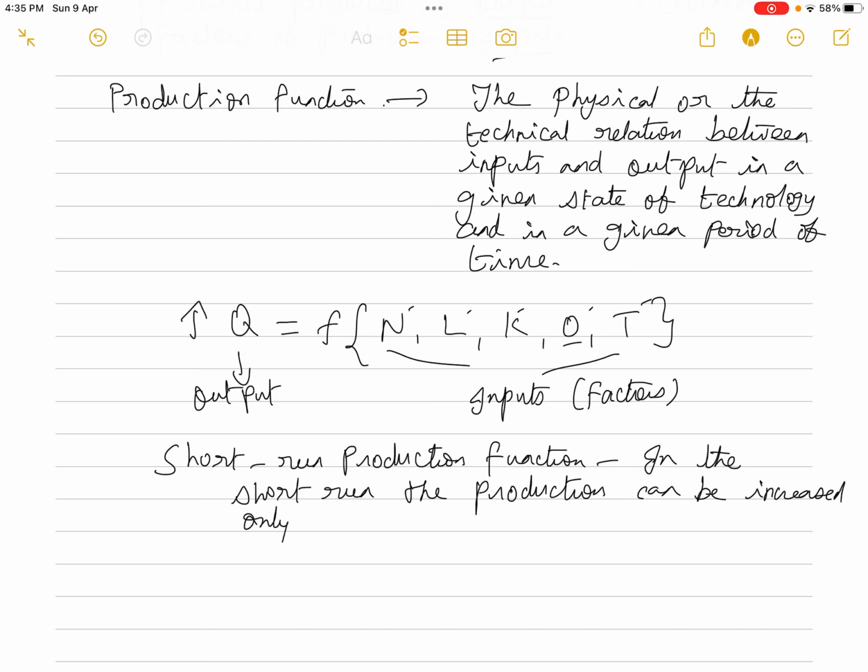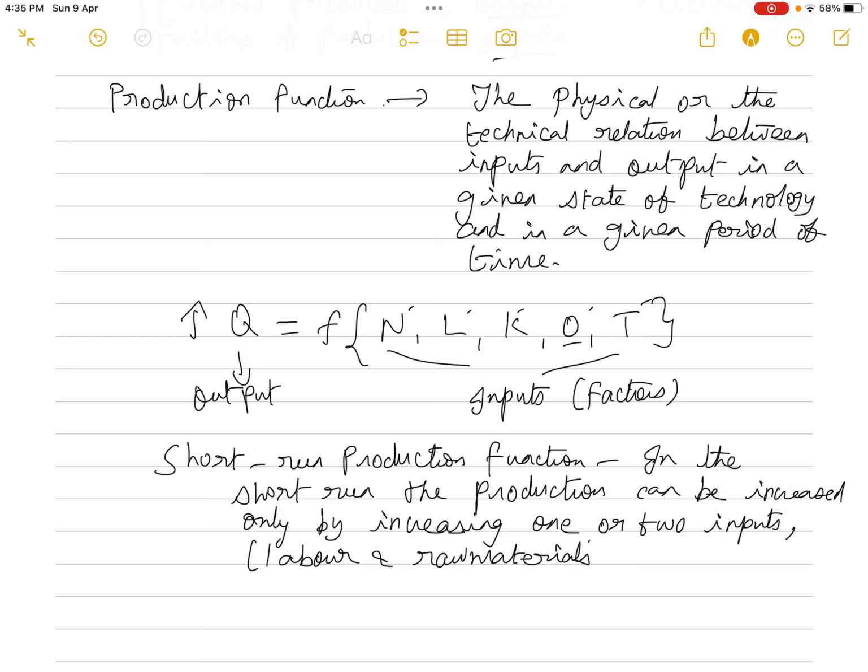In the short run, the production can be increased only by increasing one or two inputs. What are those one or two inputs? Maybe labor, and the quantity of raw materials the producer can increase.